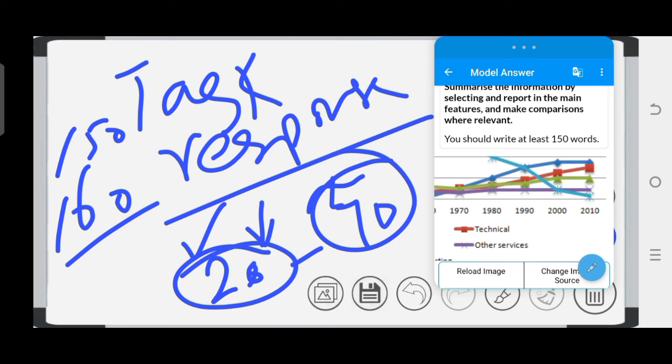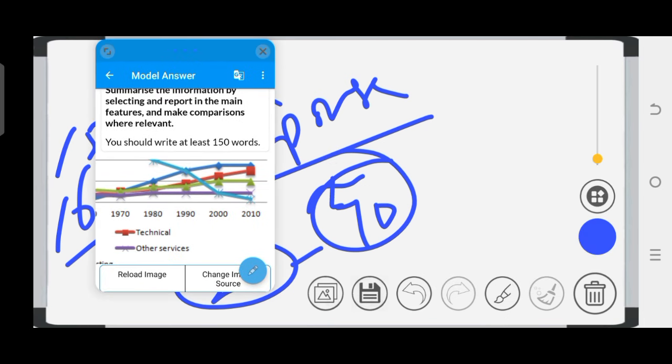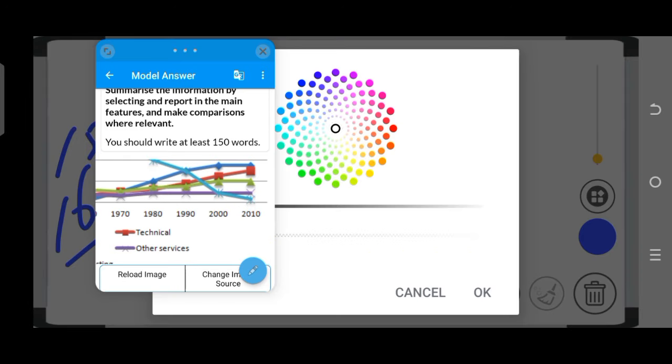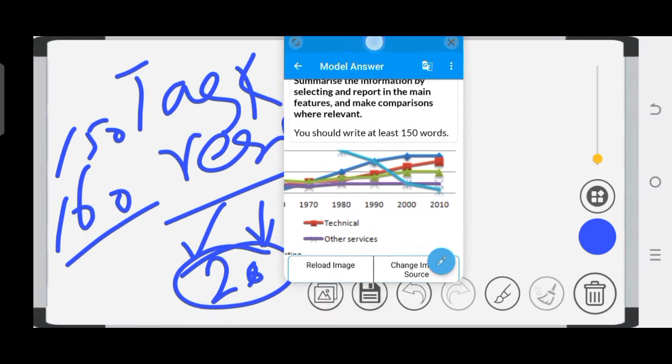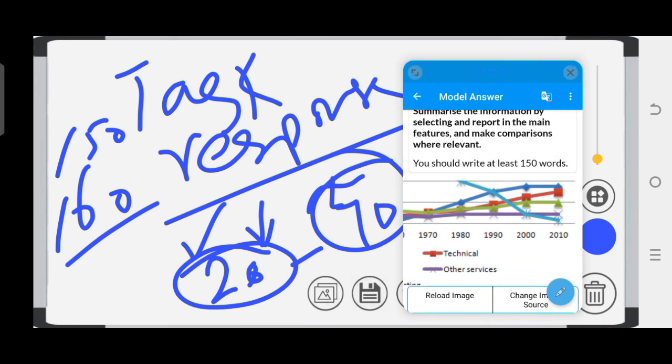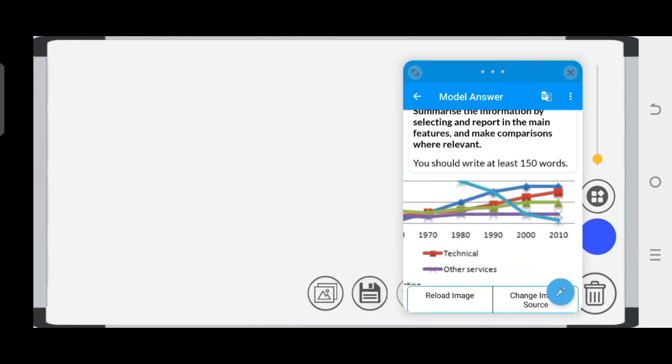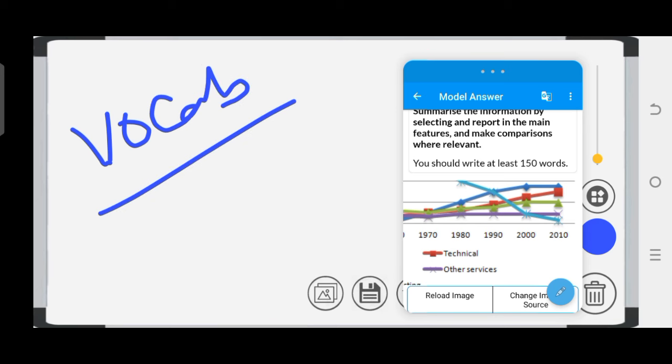Okay, so this way you will see how to manage academic writing task 1. Most of the students don't take it seriously. They think that it's too easy. Yeah, it's not too easy, but it's kind of a technical thing. So first, if your vocabulary is fine, then you did follow the pattern I told you.